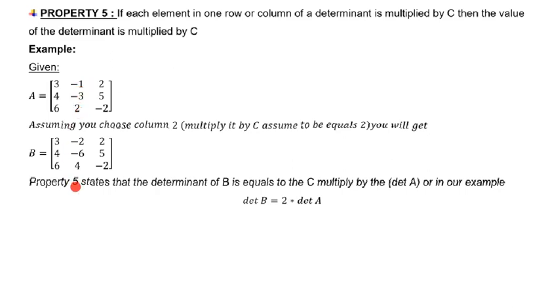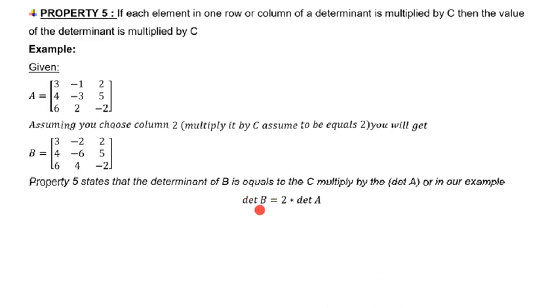So, yung property 5 states that the determinant of B is equal to C times multiplied by the determinant of A. So, in our example, yung determinant B natin is equal to 2 times determinant of A. So, 2, kasi yan yung ginamit nating C. Pag yung isang column nag-times ng 5, so yung C natin is 5, hindi 2.